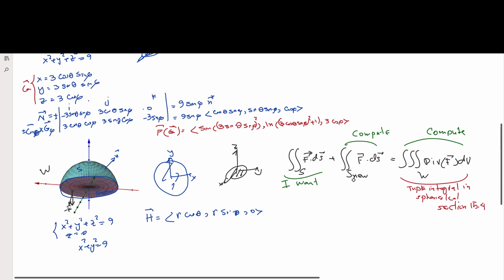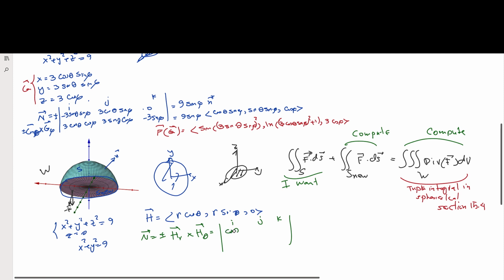To compute the surface integral on the new surface, I have to do the whole process of the surface integral. The first thing I want to do is find n, which is plus or minus h sub r cross h sub theta. I can do the entire process, or I can remember how it goes.